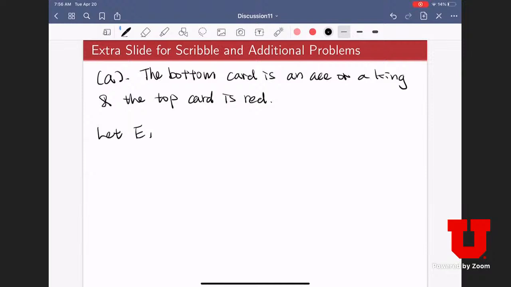So let's start the definition where let E1 be the event that the first card is an ace or a king.